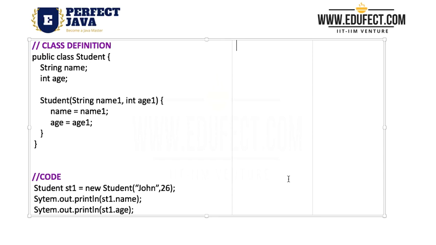So when we are creating this st1 with John and 26 as the parameters, name will be John and age will be 26. Why? Because here name1 would have been John and we are saying name is equal to name1, so name will now get the value John.